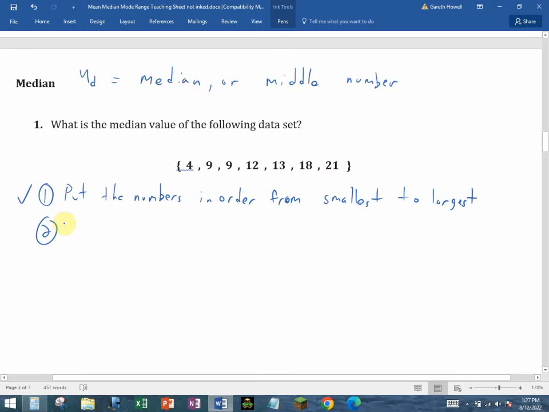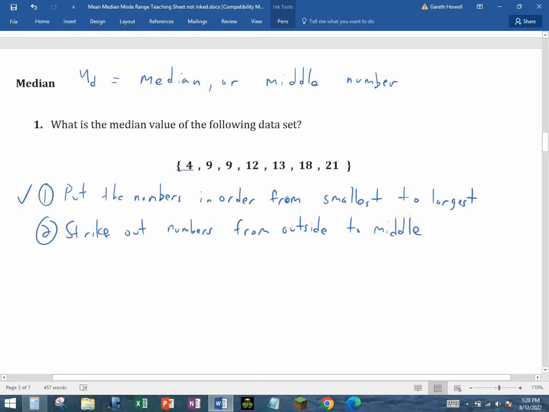Step two, we want to strike out numbers from the outside to the middle. This is one way to do it.